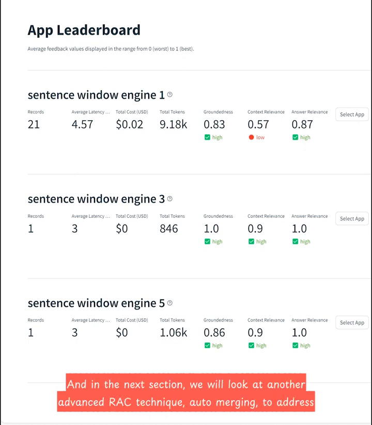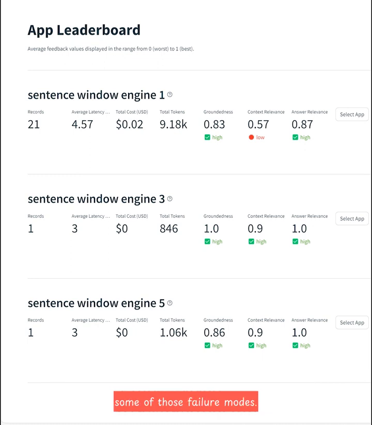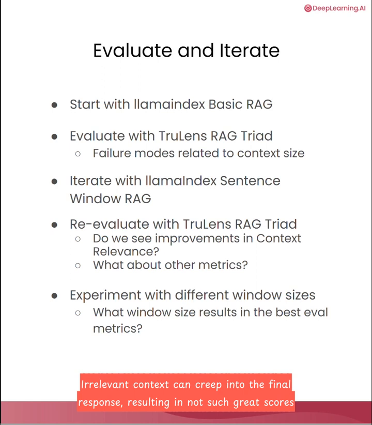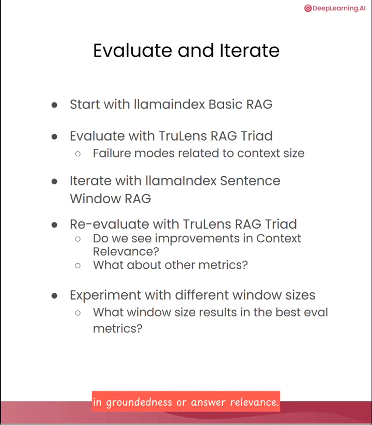And in the next section, we will look at another advanced RAG technique, auto-merging, to address some of those failure modes. Irrelevant context can creep into the final response, resulting in not such great scores in groundedness or answer relevance.